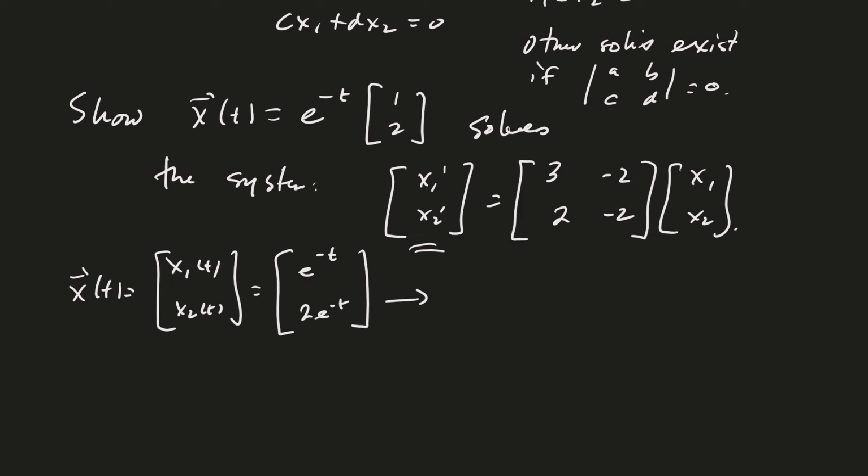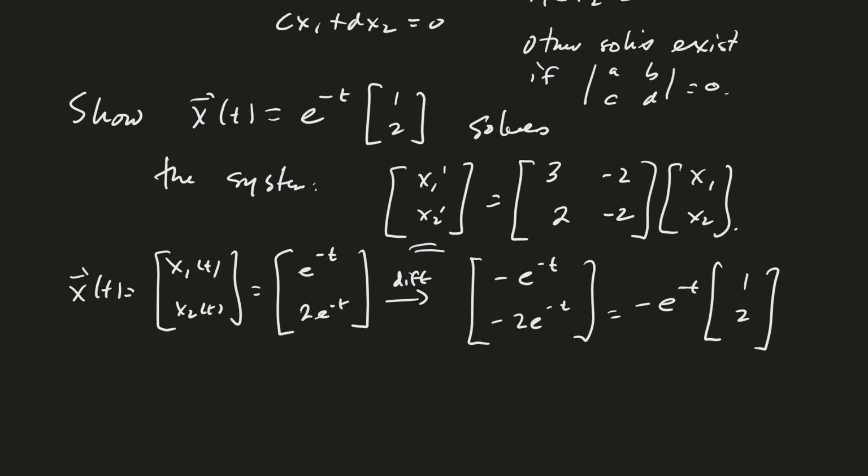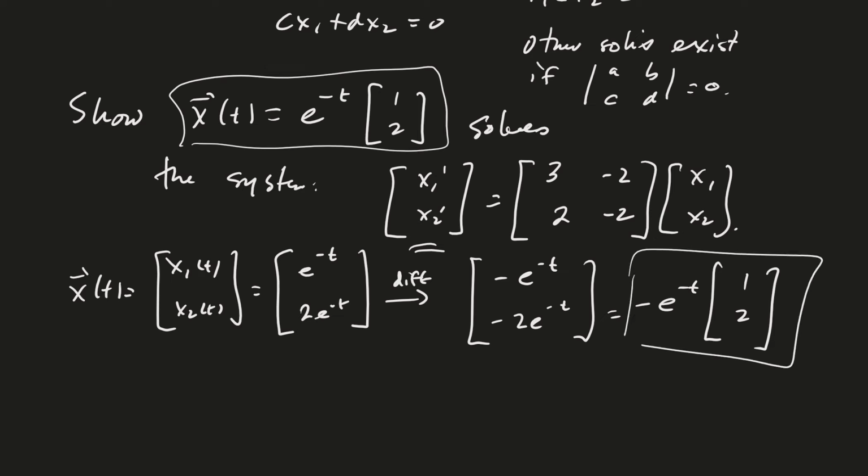So that when you differentiate, we get minus e to the minus t and minus 2e to the minus t. But notice that you could have written that as minus e to the minus t times 1, 2. And so going from here to here, do you see a shortcut?